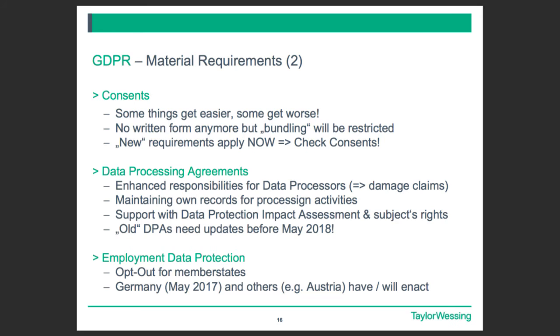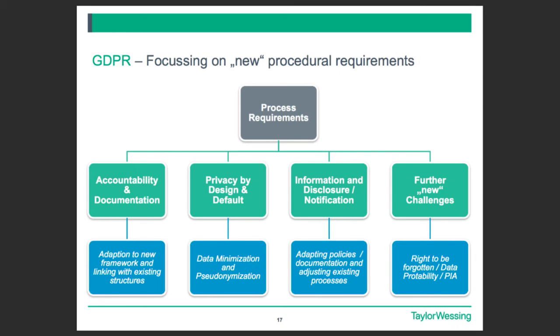Data processing agreements, I'll come to that in a second. Employment data protection law, we touched on it a bit. If you have questions on that later on, happy to answer them, but I think it's a very particular topic. So, the General Data Protection Regulation from May 2018 on has a few really new topics that are really crucial.